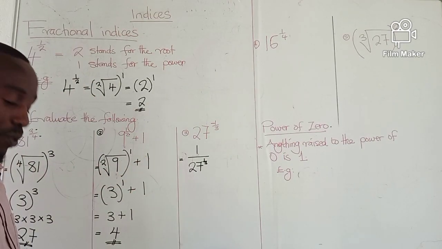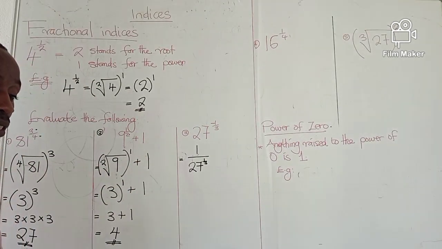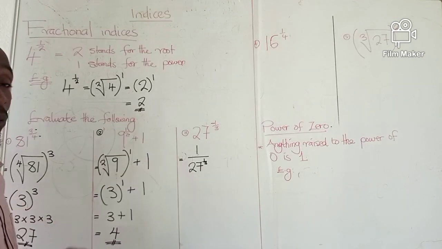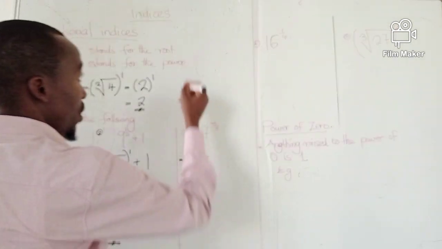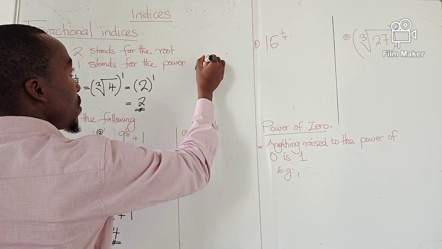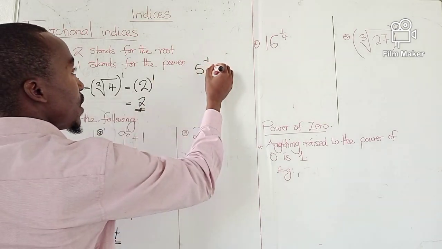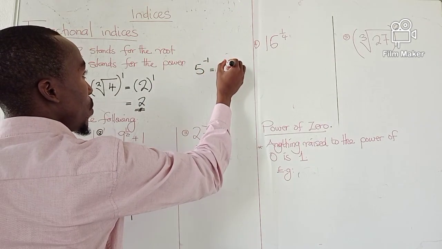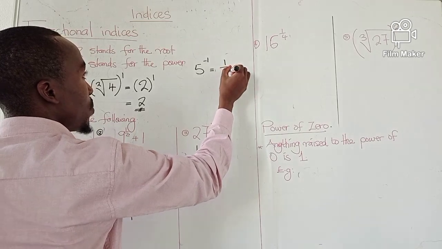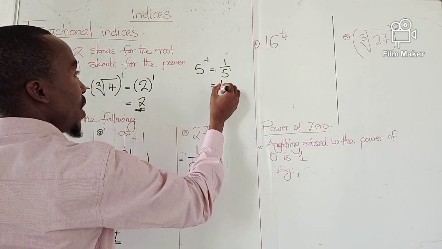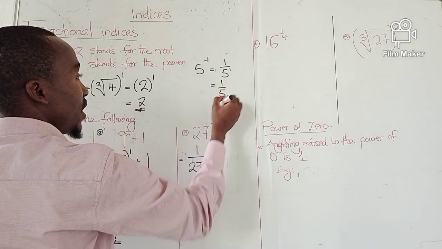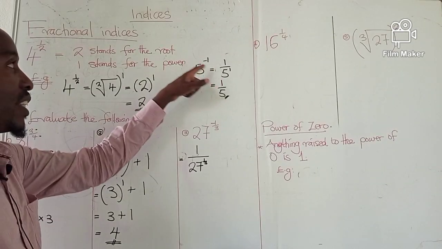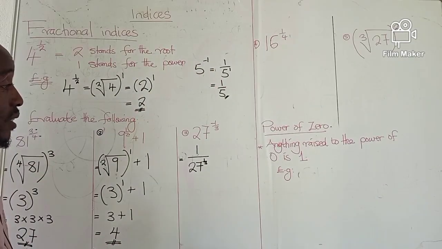We've gotten rid of the negative sign. For example, let's say 5 to the power of negative 1. This is written as 1 over 5 to the power of 1, which is equal to 1 over 5. That is how we get rid of a negative when you're dealing with indices.